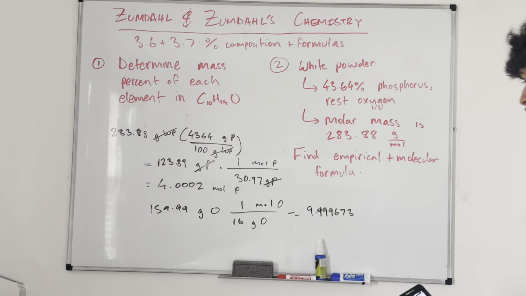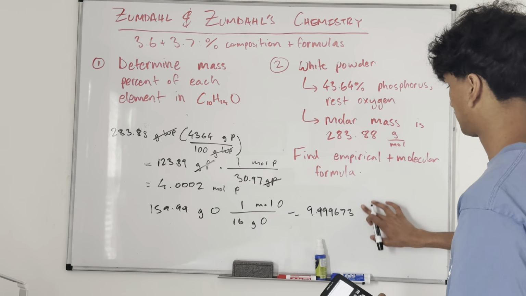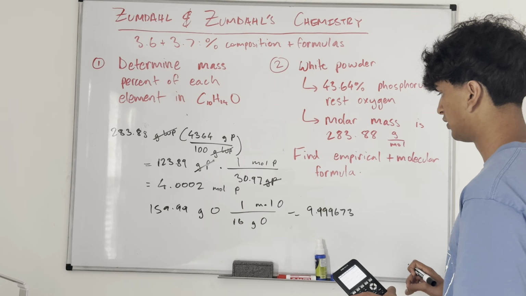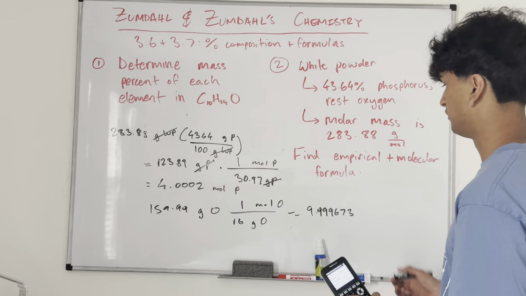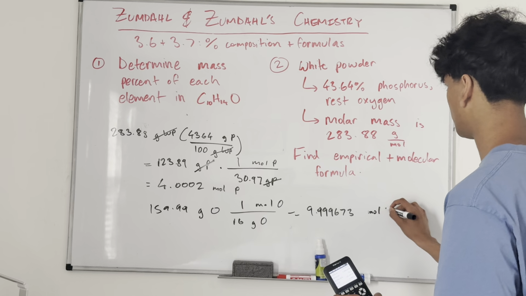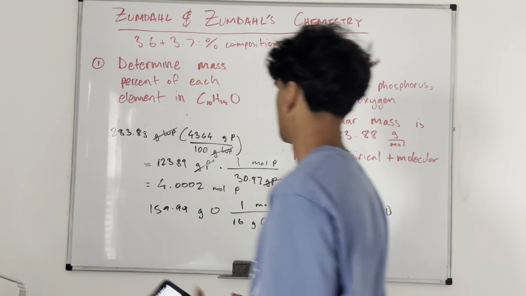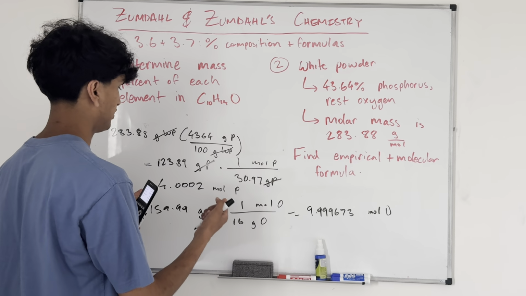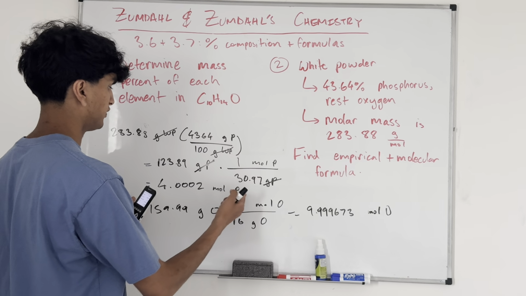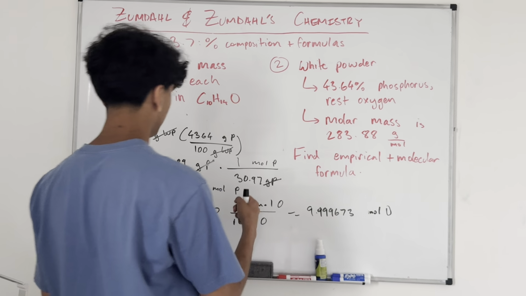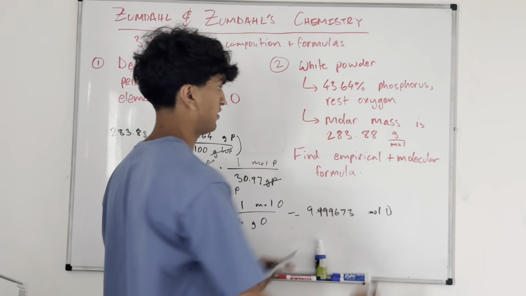Okay? So this is moles of oxygen. Oh, now you can kind of see. I have 4 moles, and this is pretty much 4 moles, and this is pretty much 10 moles.